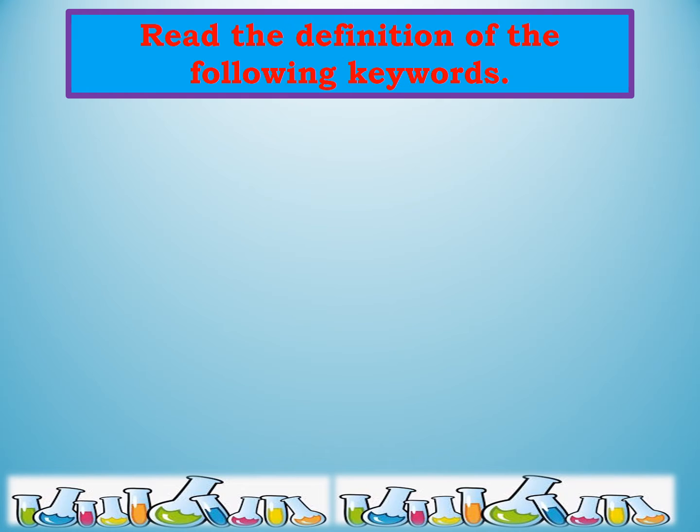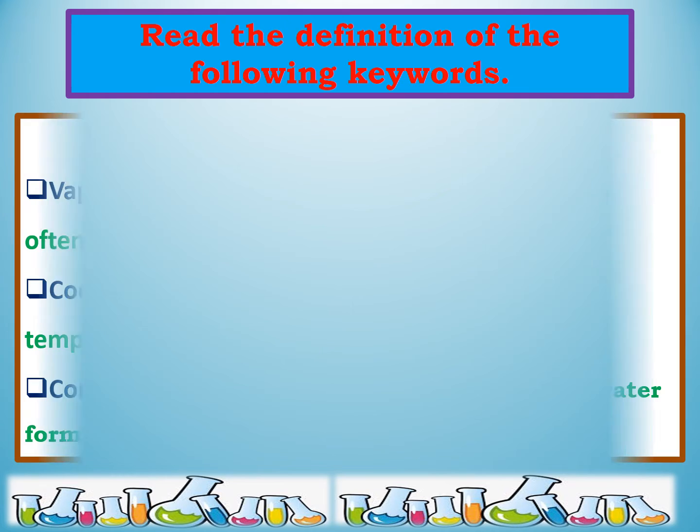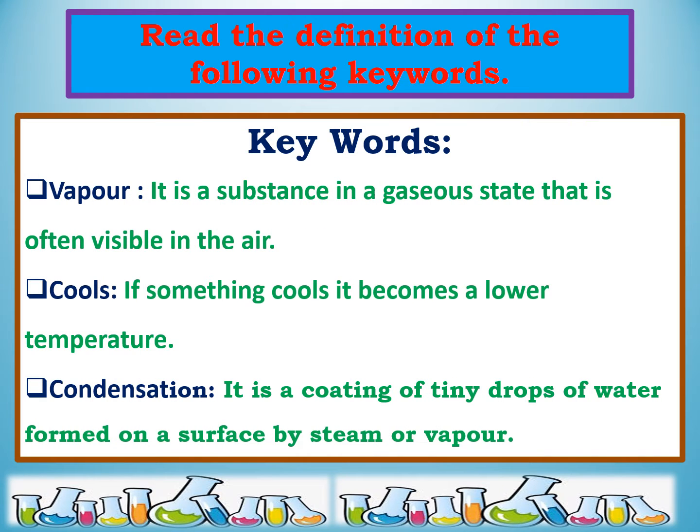Before we proceed further to our lesson, let us read the definition of the following keywords so that you will be able to understand more the concept of this lesson. The keywords are vapor, cools, and condensation. When we say vapor, it is a substance in a gaseous state that is often visible in the air.